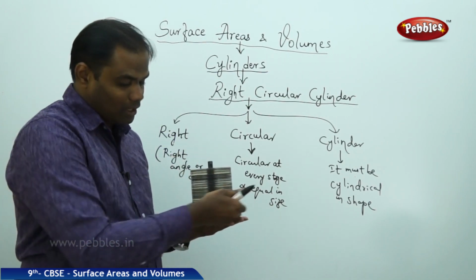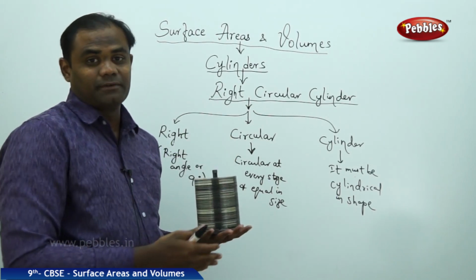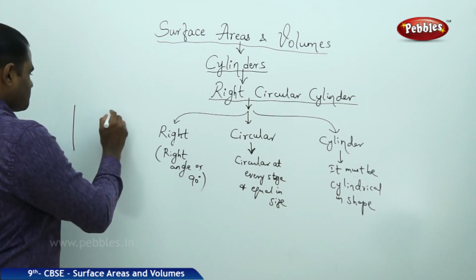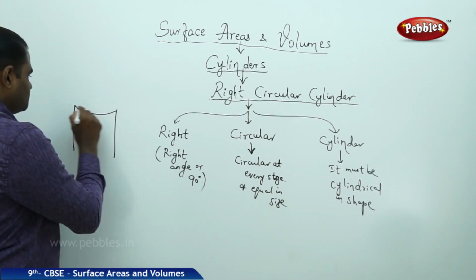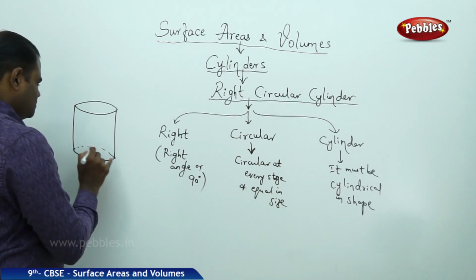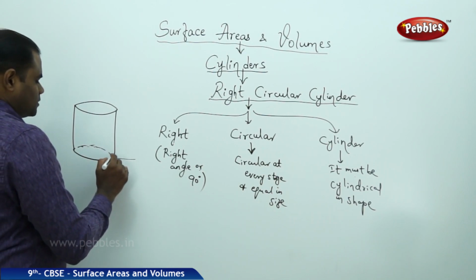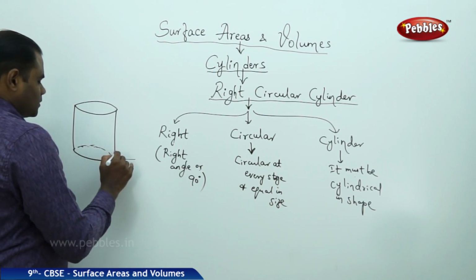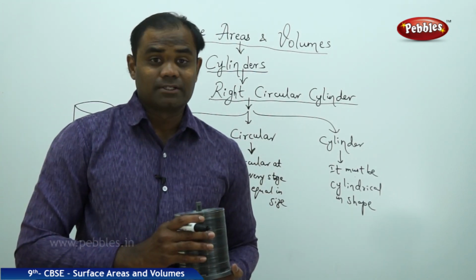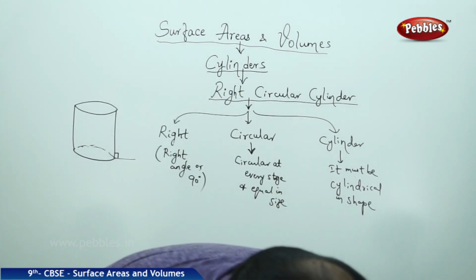The angle between the ground and the height at which the CDs rise must be 90 degrees. A right angle or 90 degrees is how we see a perfect cylinder. That's how the base must be exactly at 90 degrees from the ground. A right circular cylinder has three important classifications.